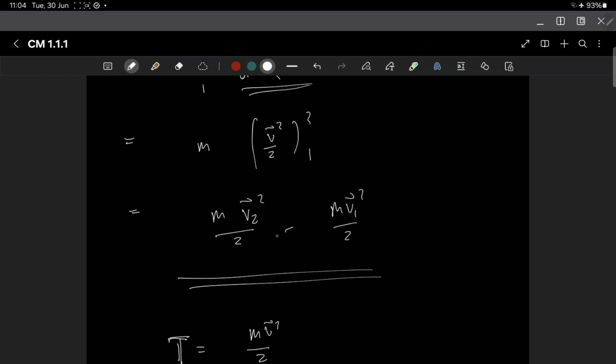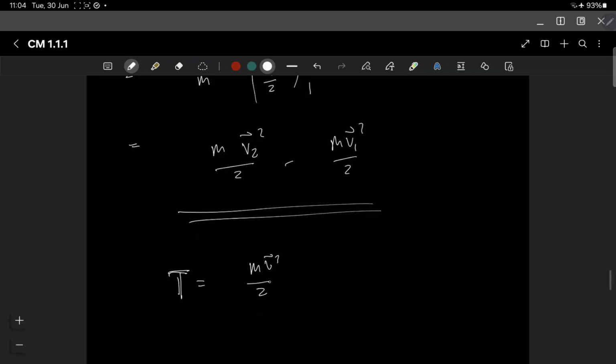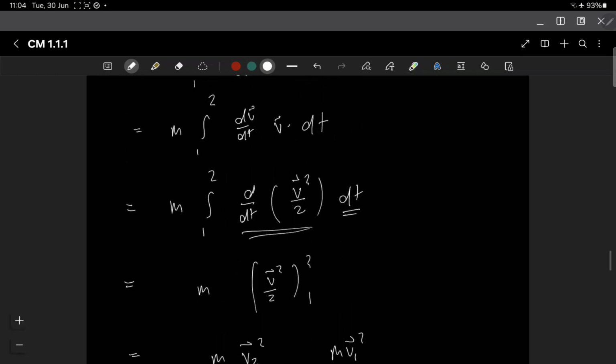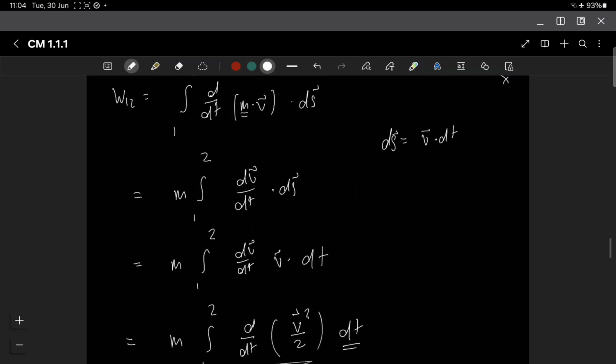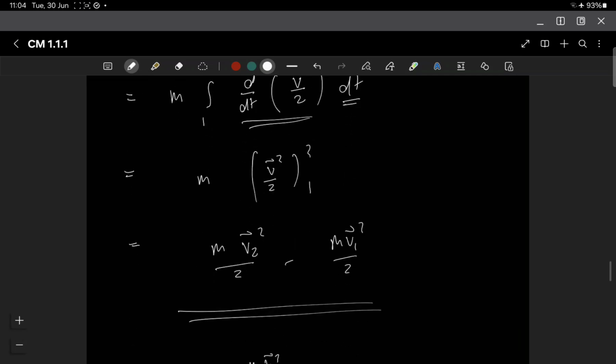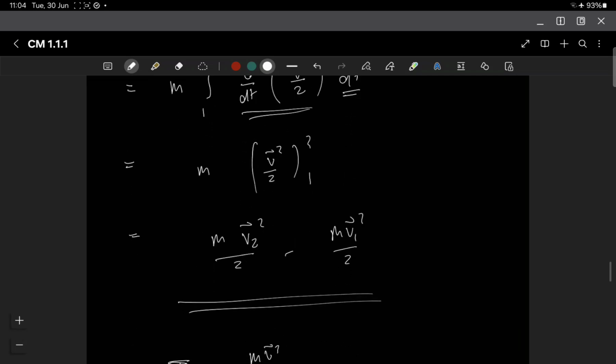So this is the change in kinetic energy. Notice that we have assumed that m is a constant. If m is not a constant, then the analysis becomes a bit more difficult, but in classical mechanics we usually assume that the mass is constant.